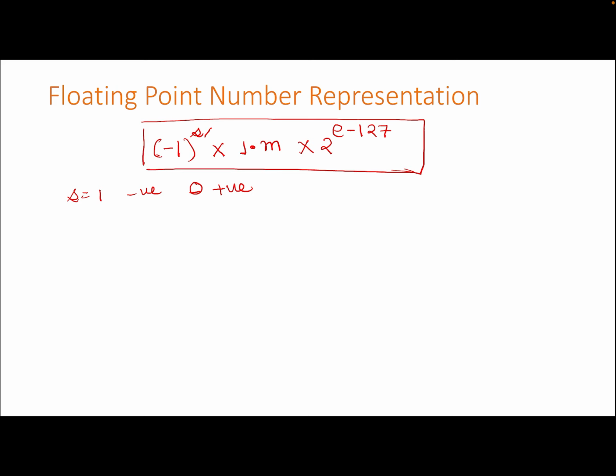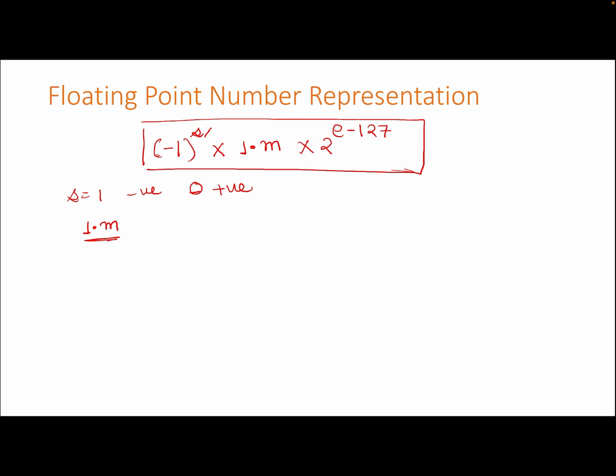Now this normalized significand is 1.m in binary, where the binary point is before bit 22. We don't explicitly write this 1; it is not explicitly present.